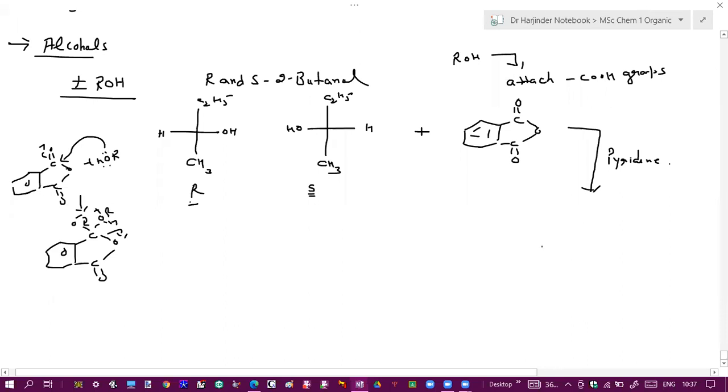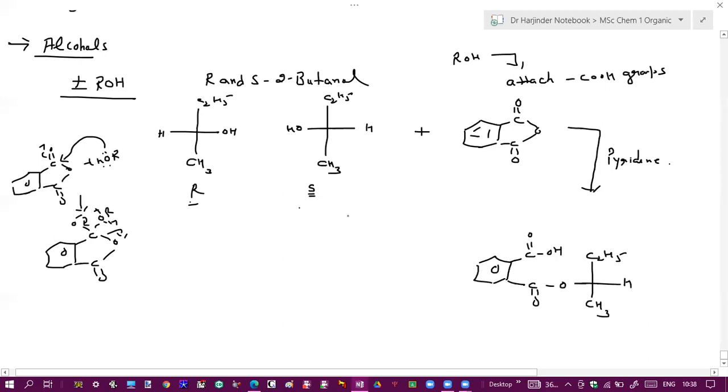So this will become OH, and this molecule will become an ester. So here it will become C double bond O, then you have C2H5, H, CH3.